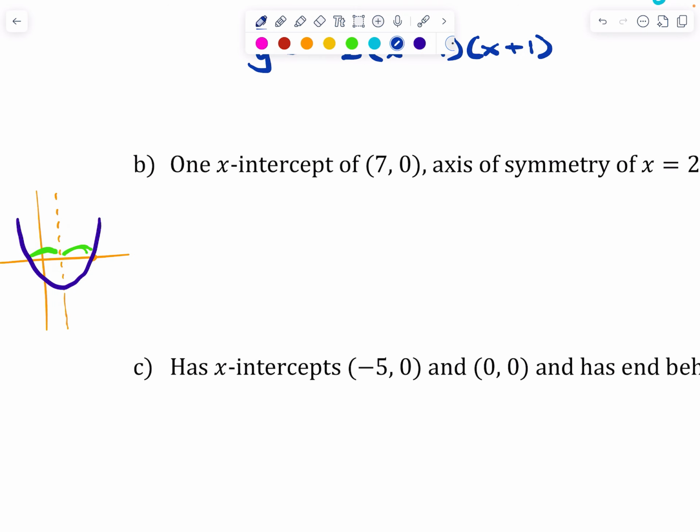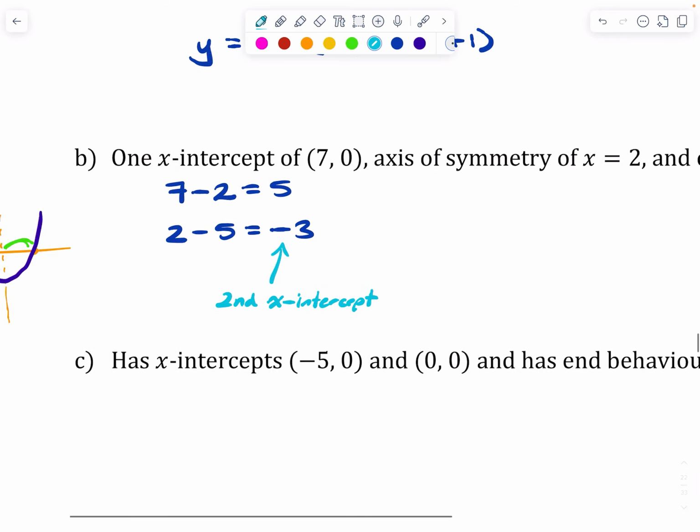To get from 7 to 2, we have to move over 5. And then from 2, we have to move another 5 to the left. And that gets us negative 3. So this is our second x-intercept. Now, it has a positive a value because this thing opens upwards.